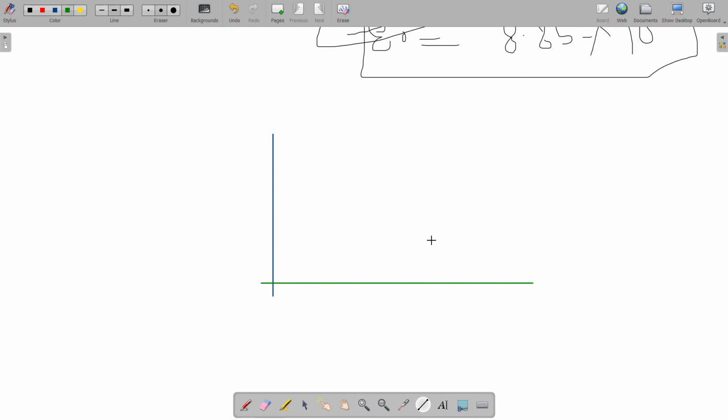Okay, so let's first point them out. Suppose this is the charge Q1 and this is the charge Q2. Let's take the line from the origin to here, and the second vector from the origin to here.